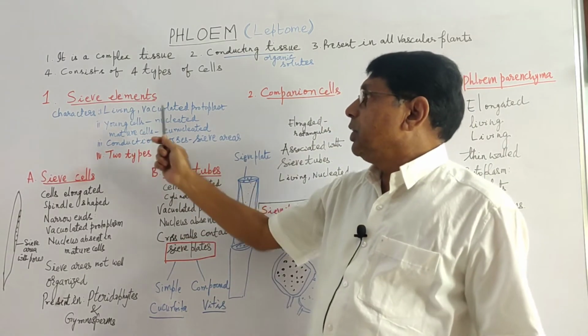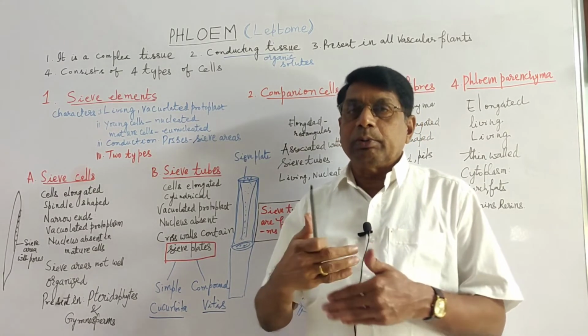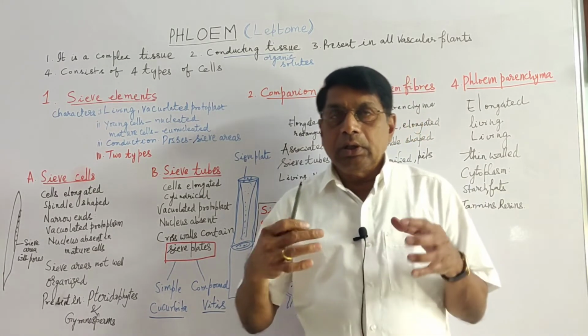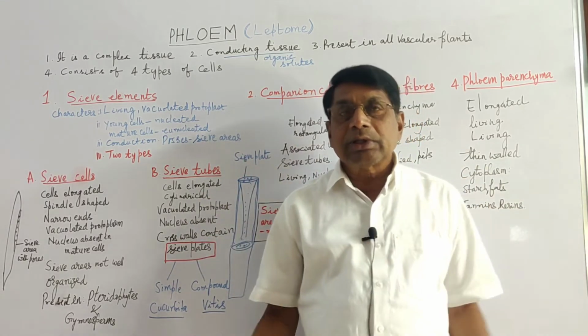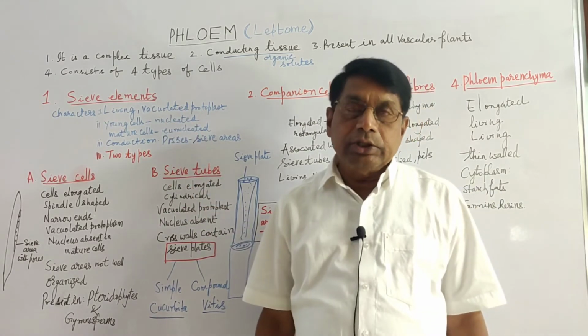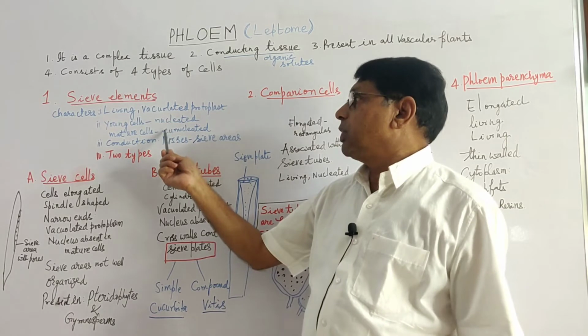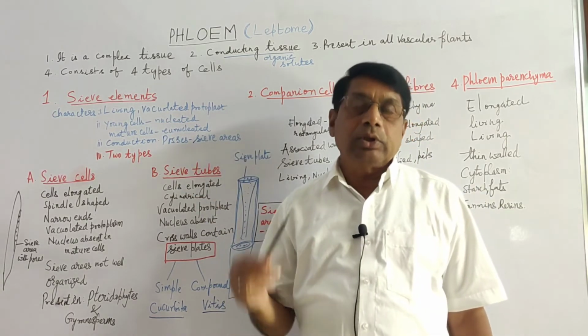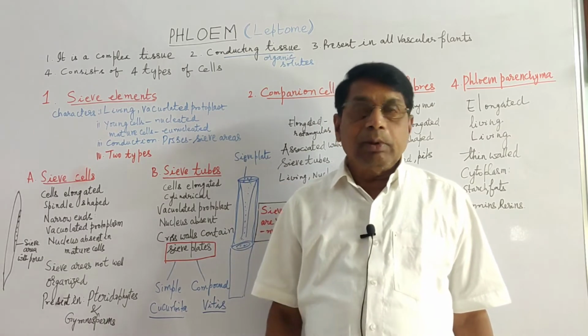Vacuolated protoplast. Large vacuoles will be present. Therefore, the cytoplasm will be pushed towards the periphery, towards the cell wall side. Young cells are nucleated, but mature functional cells are enucleated, without the nucleus. Nucleus disappears, but still the cytoplasm will be present.